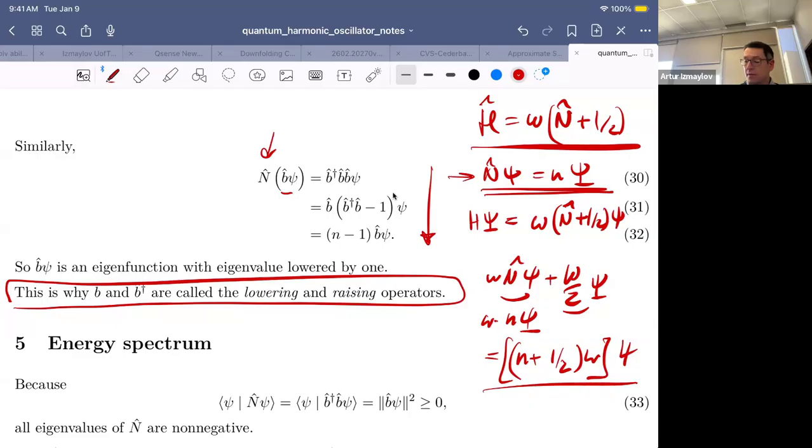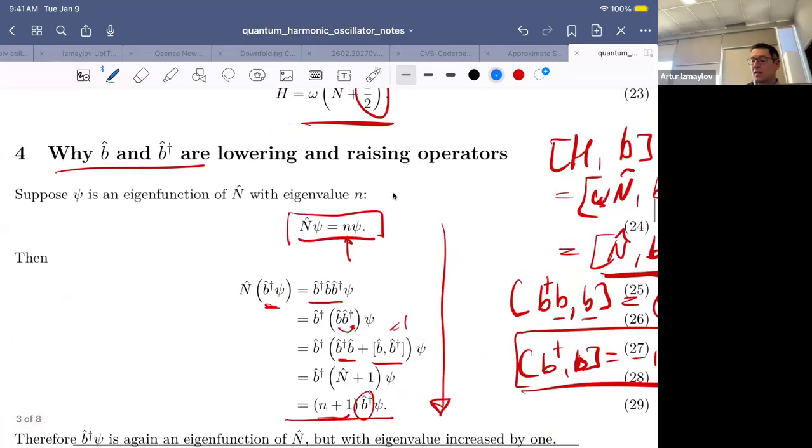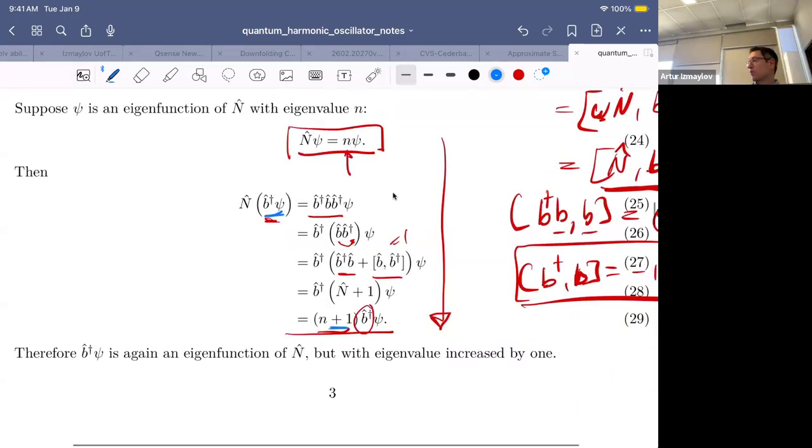Okay, so this relation is the most important for us, and the B and B dagger operators allow you to go between the states of the n operator. As we showed here, B applied to psi, an eigenfunction, gives you an eigenfunction with n minus 1, and B dagger applied to psi gives you an n plus 1 eigenfunction, right?